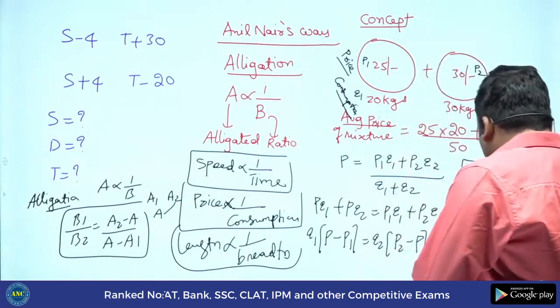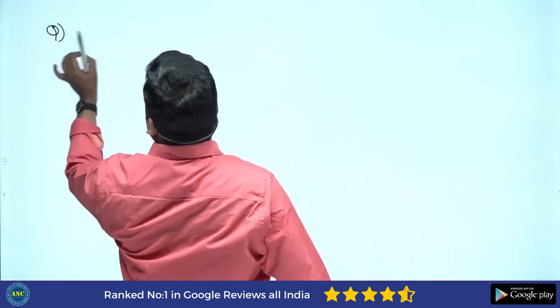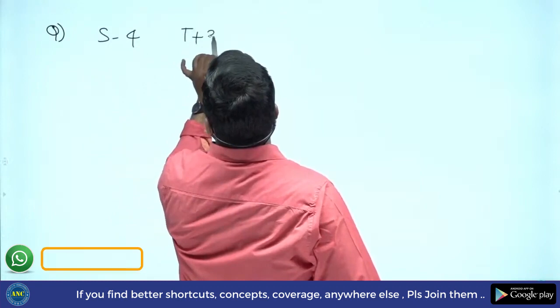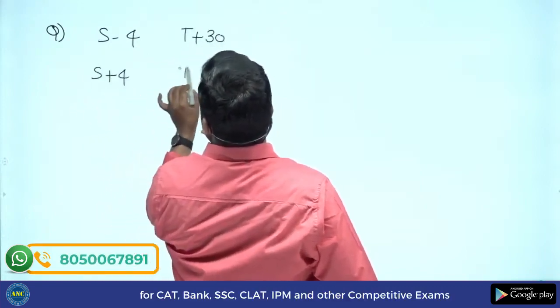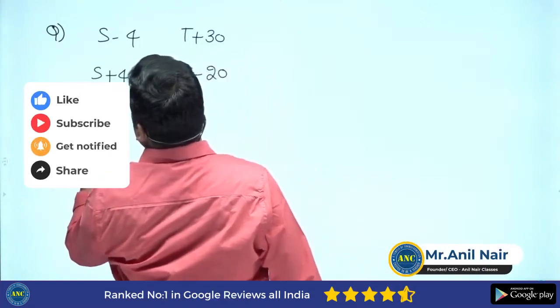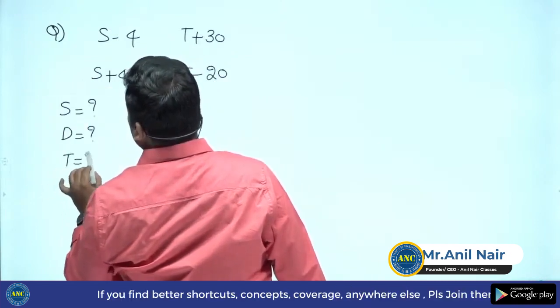Now let us solve this question based upon this. This is a pure logic based question. If speed is S minus 4, the time is T plus 30; if speed is S plus 4, the time is T minus 20. I want the actual speed, actual distance and actual time.